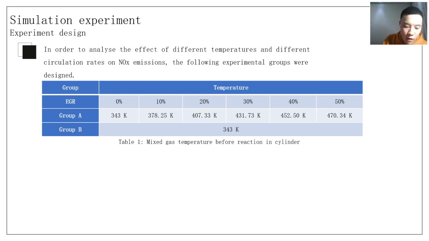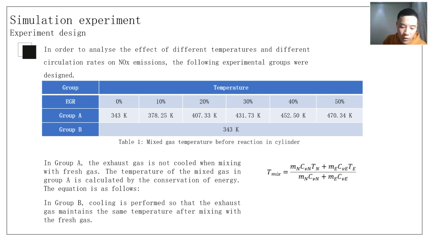The temperature of the mixed gas in Group A is calculated by conservation of energy. The equation is as follows. In Group B, cooling is performed so that the mixed gas maintains the same temperature after mixing with fresh gas. Each group has 6 simulated cases with an exhaust gas recirculation rate of 0 to 50%.